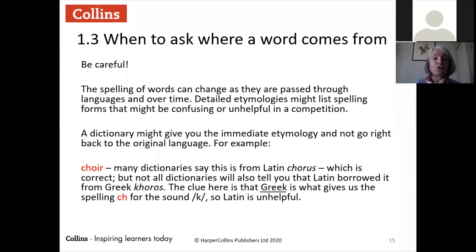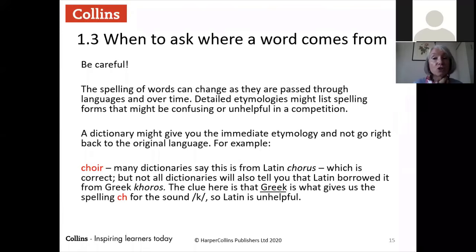And many dictionaries say this word is from Latin chorus, which is correct. But not all dictionaries will also tell you that Latin borrowed the word from Greek. And the clue here is that words that have the sound K spelled with CH are nearly all from Greek.